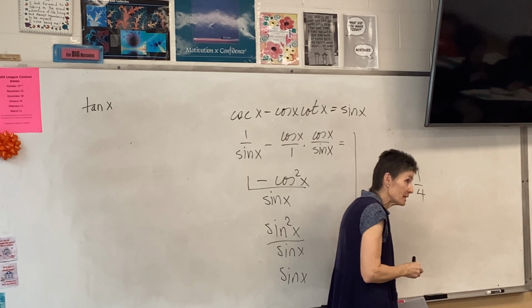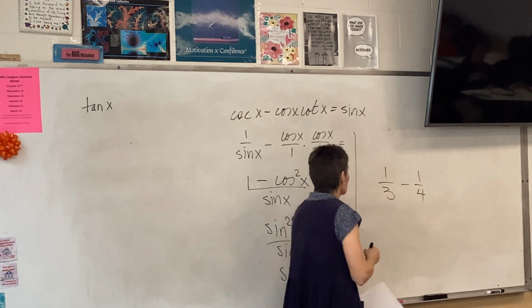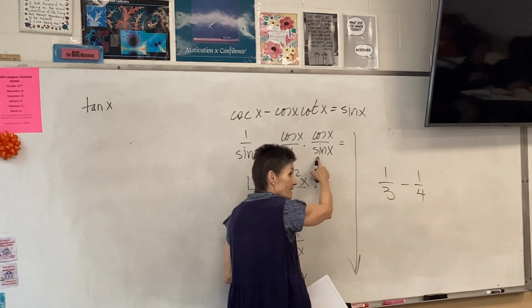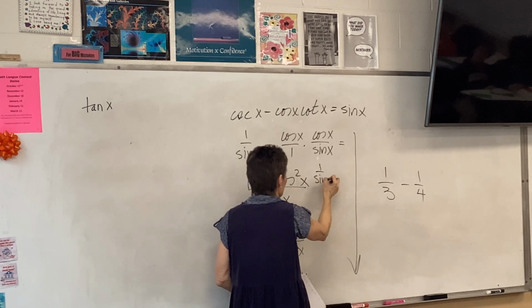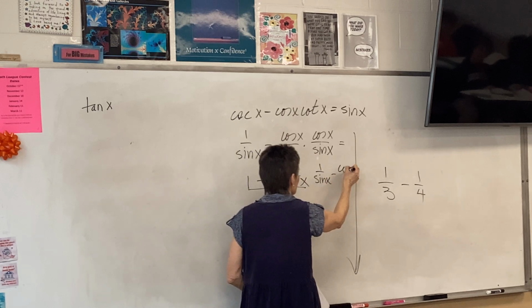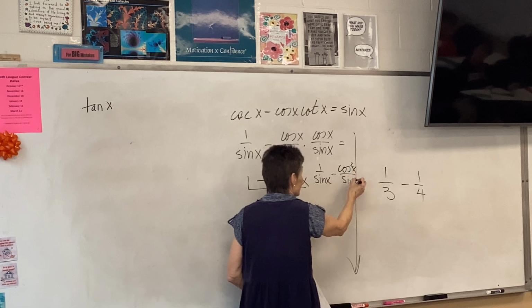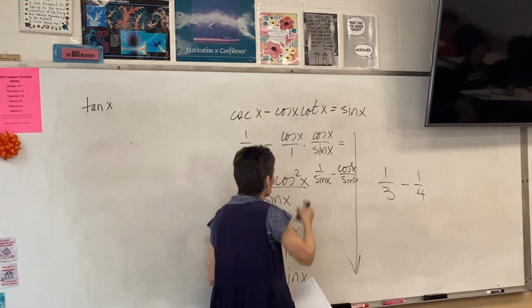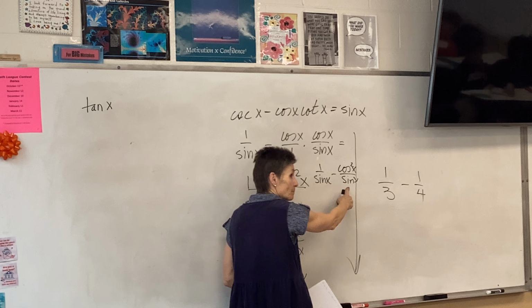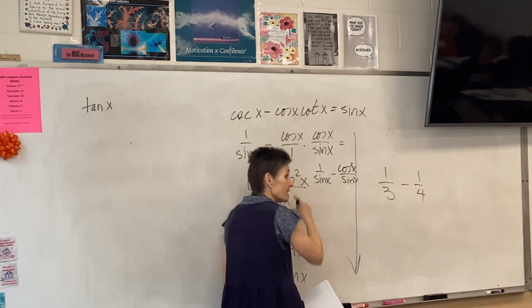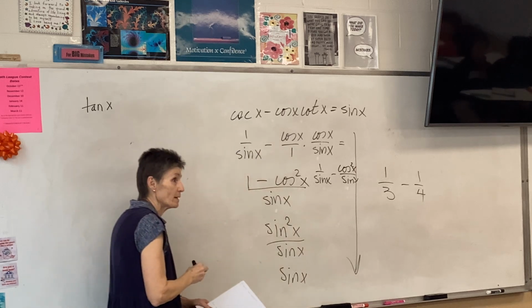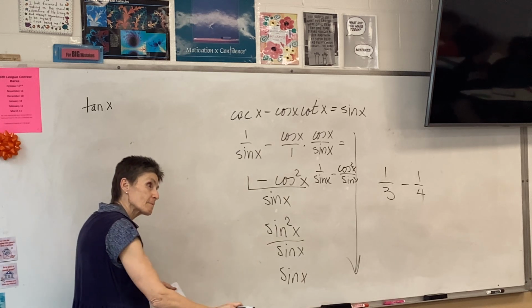Common denominator. Oh, you multiplied it. So 1 times sine is sine. So this says 1 over sine minus cosine squared over sine. 1 times sine is sine. Then I have a common denominator, so I can subtract my numerators.